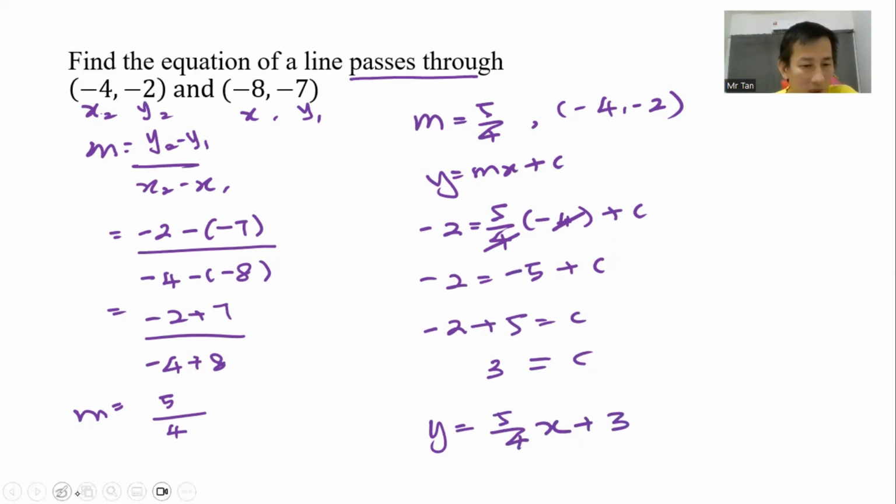So remember, you just need to find the gradient and the c.